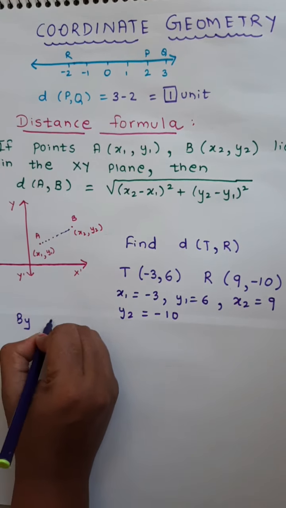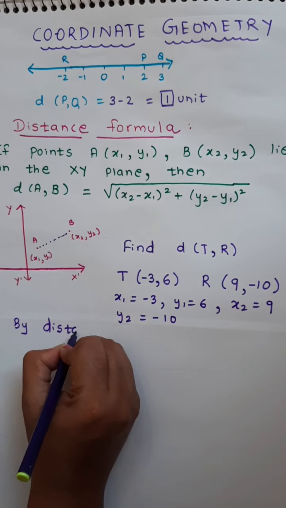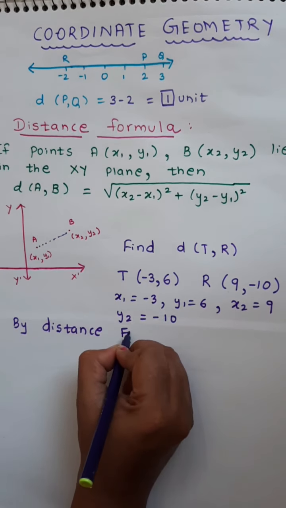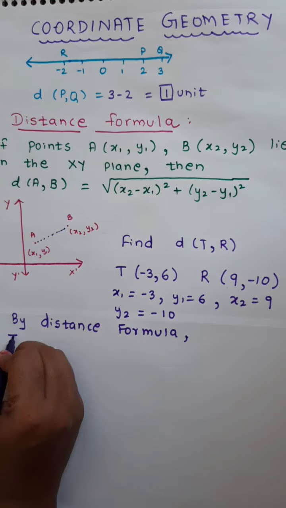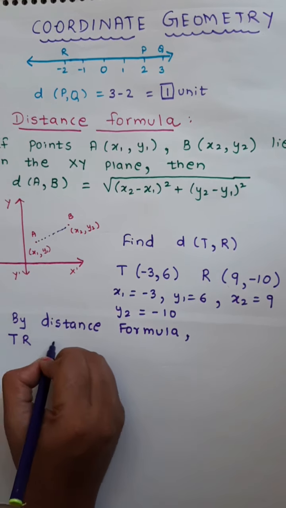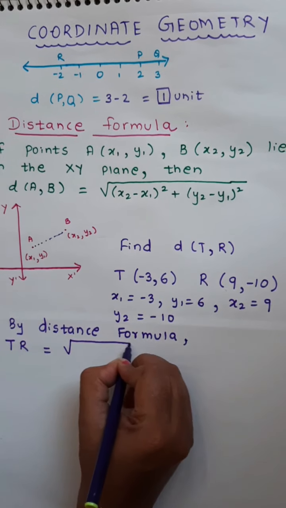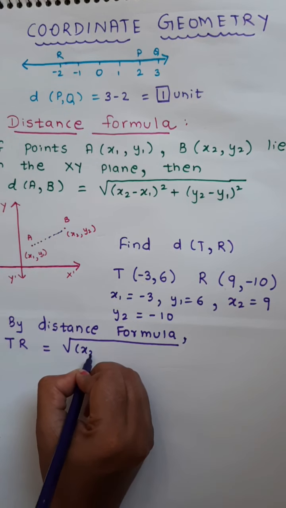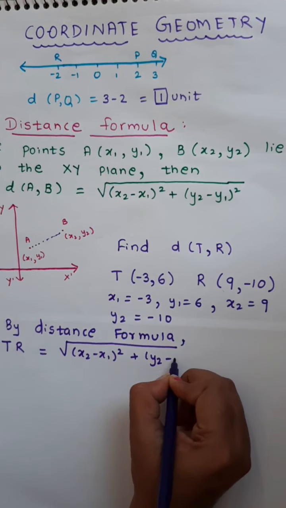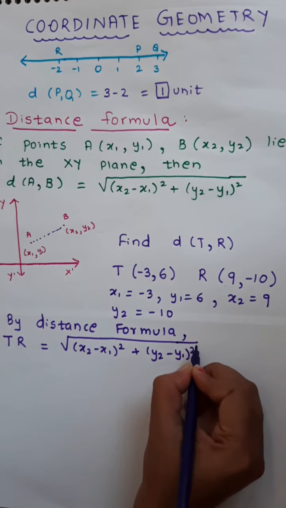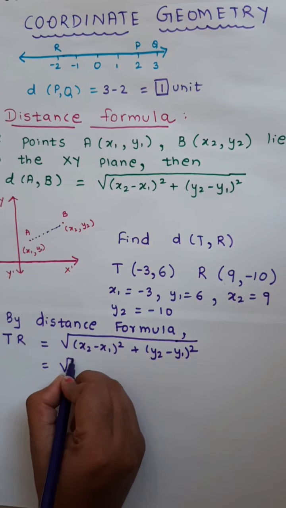Now by distance formula, distance of TR I'm going to calculate by the distance formula. So it is x2 minus x1 whole square plus y2 minus y1 whole square. Now just substitute the values.